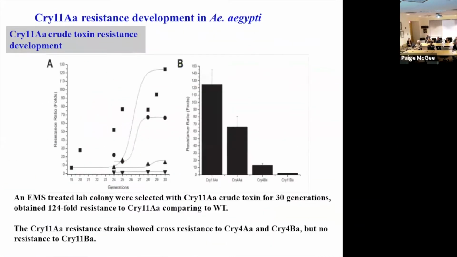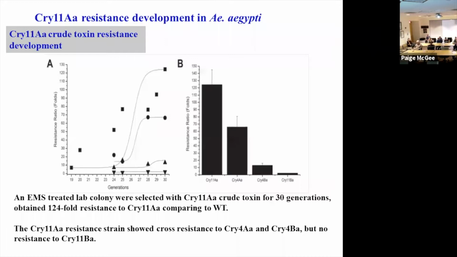So now I'm going to do another thing. One of the ways we're trying to look at other genes that are involved in the resistance mechanism is this: we have developed resistance in Aedes aegypti, because all our work is in Aedes aegypti. In this case, what we used was basically an EMS-treated lab strain and a selection over a number of years. With the wild type toxin, we can develop much higher levels of resistance.